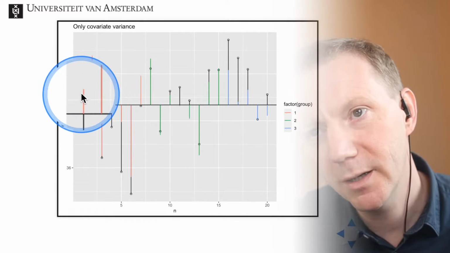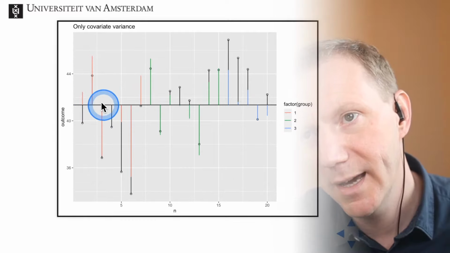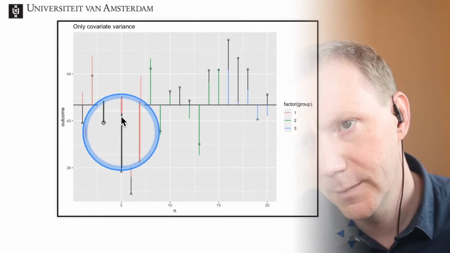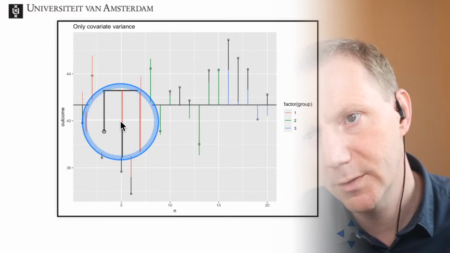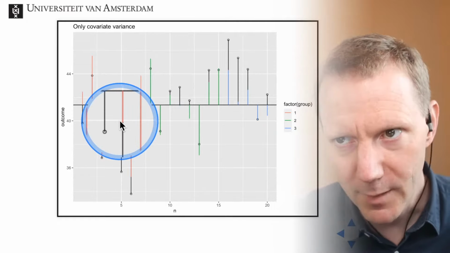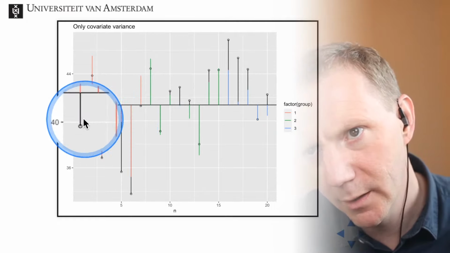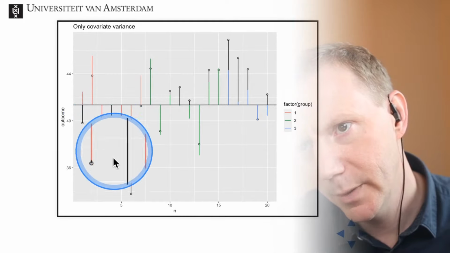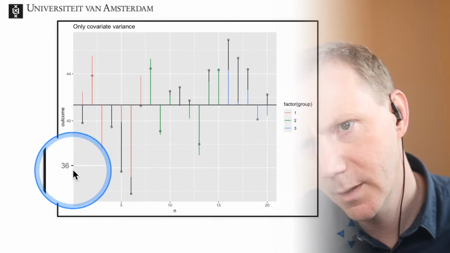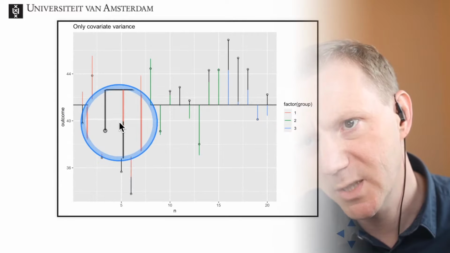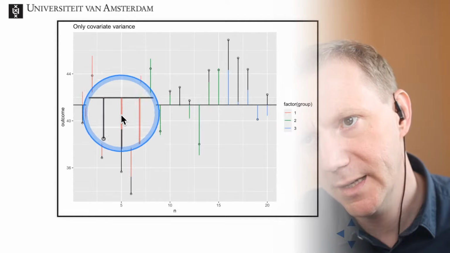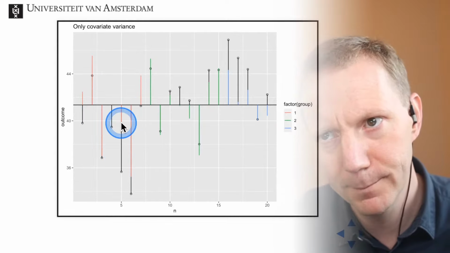But the explained part is this one. And for this one, the explained part based only on the covariate would expect the extroversion level to be 40, but it's actually a little below 36. So the explained part based on the covariate again is the red vertical line.